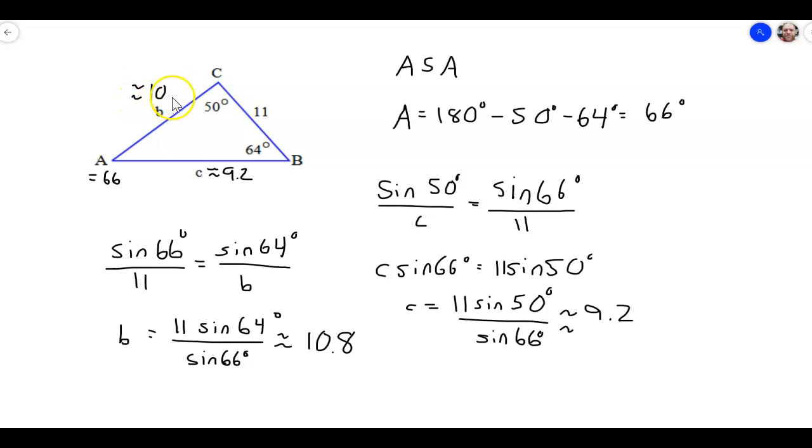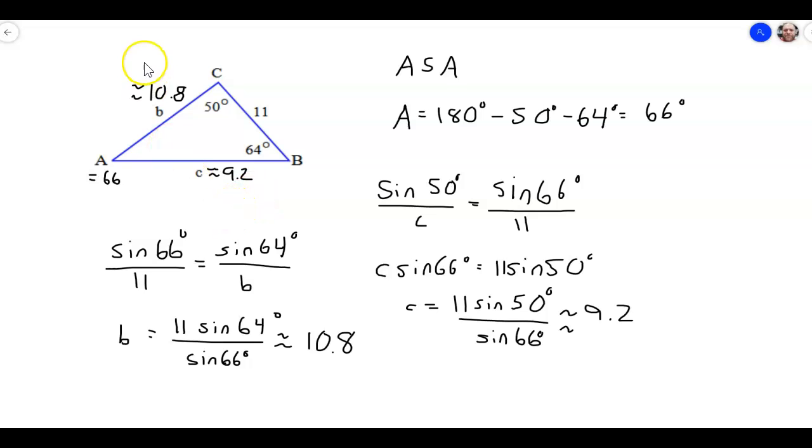One little check that I always like to do at the end of these is that the longest side needs to be across from the largest angle, the shortest side across from the smallest angle, and the medium side across from the medium angle. If that's not true, then I made a mistake somewhere.